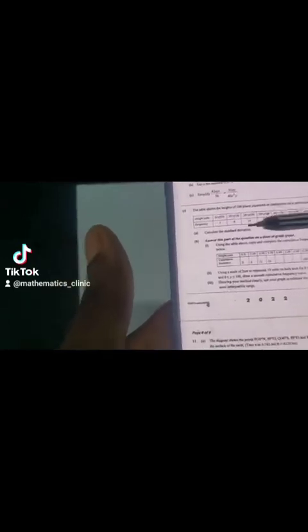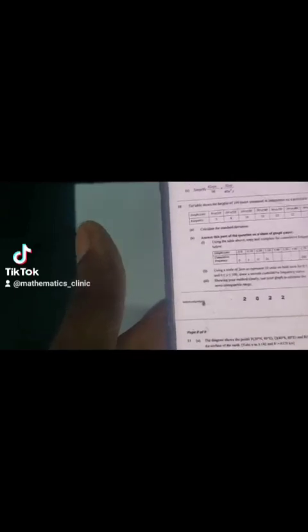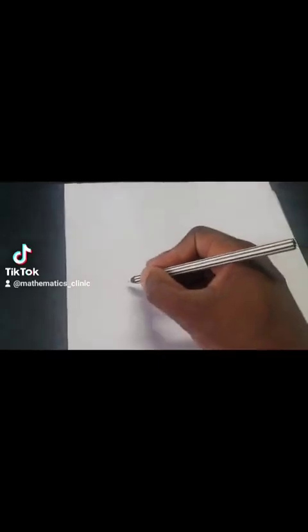Now, how do we calculate the standard deviation? First things first, we are going to find the mean. The mean is represented by x bar.